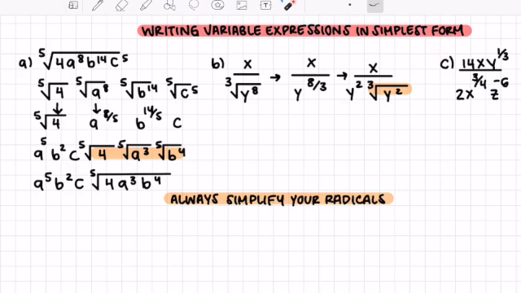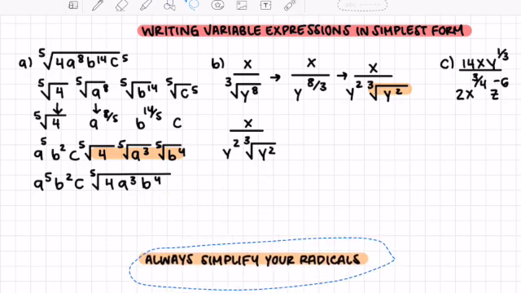Okay, so that's what I'm going to do. I'm going to have to get rid of my radical on the bottom. So we have here x, y to the power of 2, and then we have our cubic root of y to the power of 2, right? And I'll move this lower so that's not in our way.